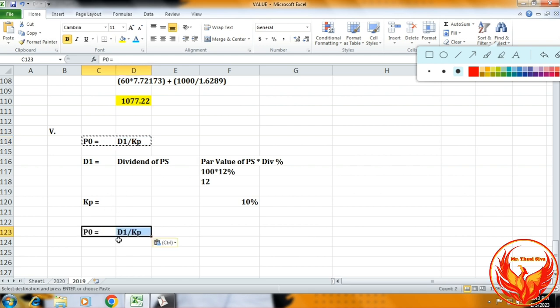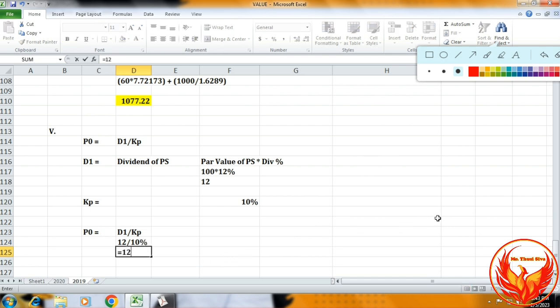Value of the preference share capital: D1 12 rupees divided by 10% cost of preference share. So the answer is 12 divided by 10%, 120 rupees. This is the value of the preference share.